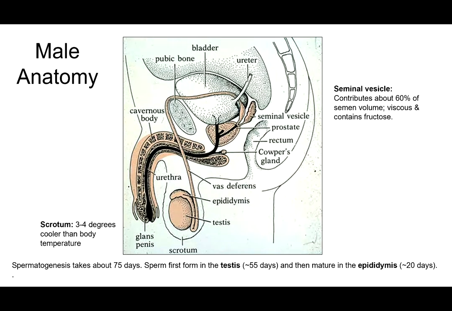This is viscous and it contains fructose. The other super cool thing about the seminal vesicle is that it creates this yellow pigment that is also found in semen. And this yellow pigment has this really interesting capability where it fluoresces under ultraviolet radiation.